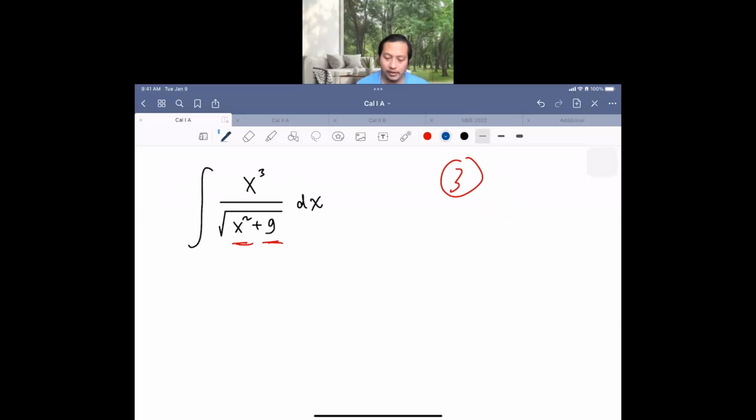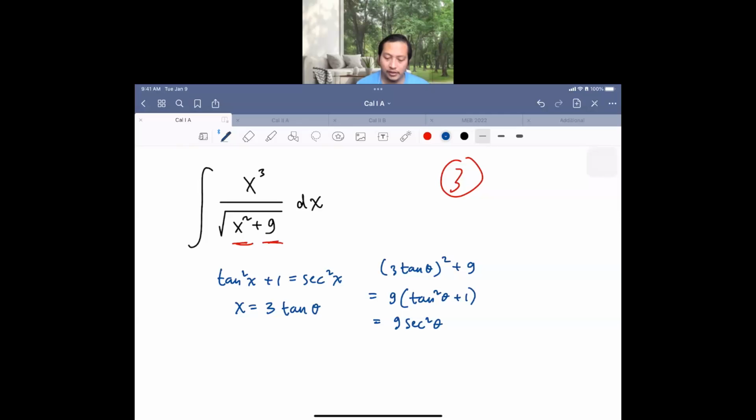We can use trigonometric substitution, and perhaps we are thinking of using tangent squared, because it goes to secant squared if you add a constant. So perhaps we could start with taking x equal to 3 tangent theta. Because if we have 3 tangent theta squared plus 9, this will be equal to 9 tangent squared theta plus 1, right? And this will be equal to 9 secant squared theta.